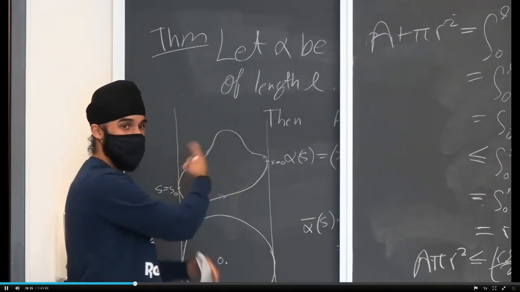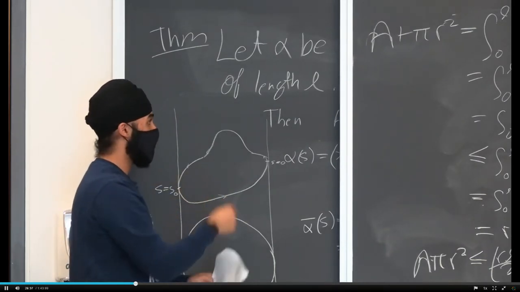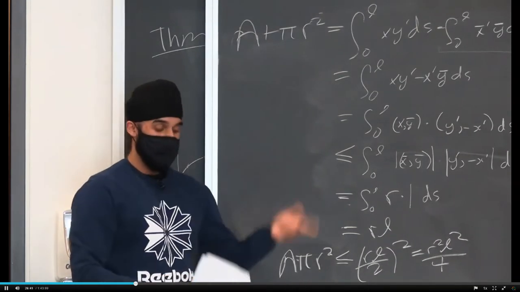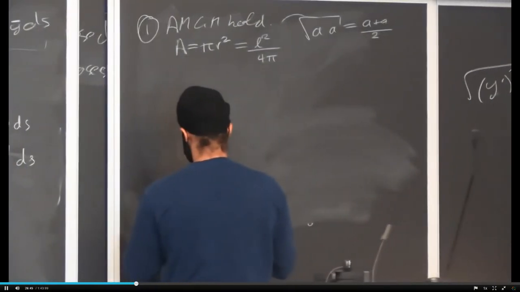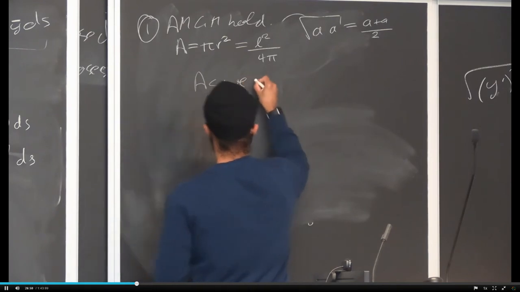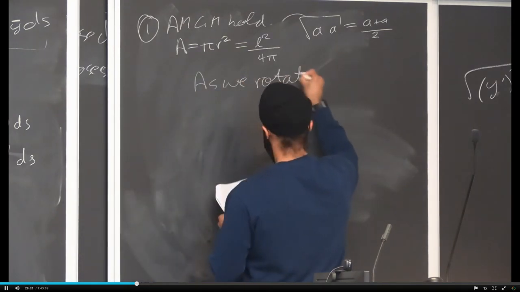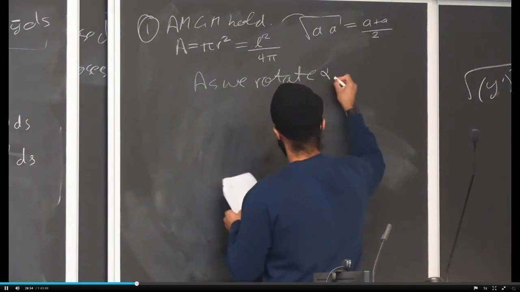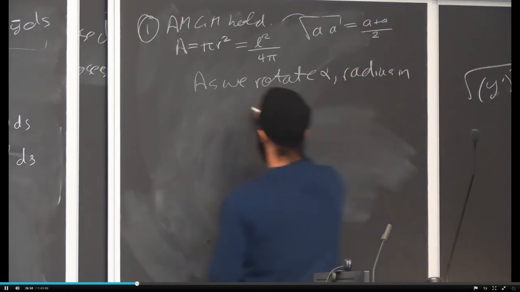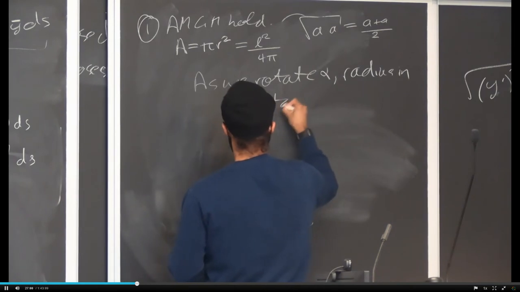It doesn't matter how you rotate the figure. Hopefully that makes sense. So in our conclusion, we say, as we rotate alpha, the radius is going to be constant.